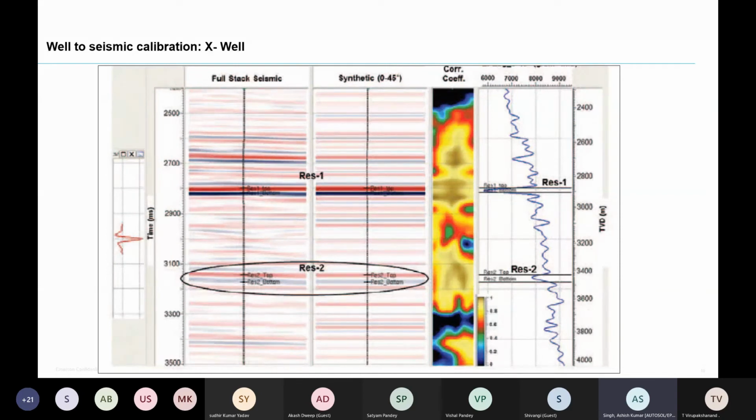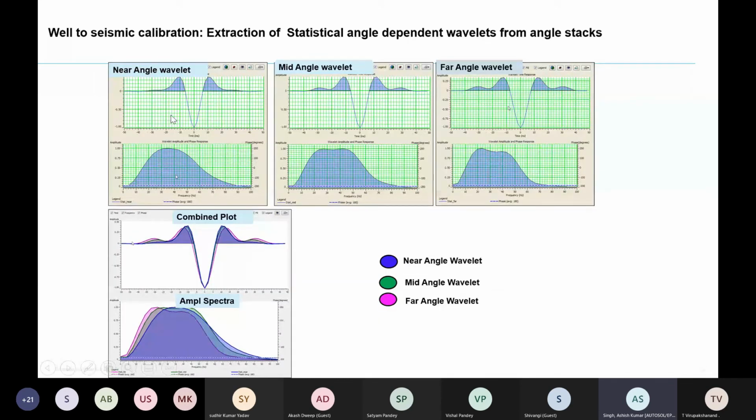This is done because it is very useful in wavelet extraction. Initially we extract the wavelet from the seismic. If there is a post stack inversion, there will be one wavelet, and if there is a pre stack inversion, there will be many, depending on how many stacks you are using.